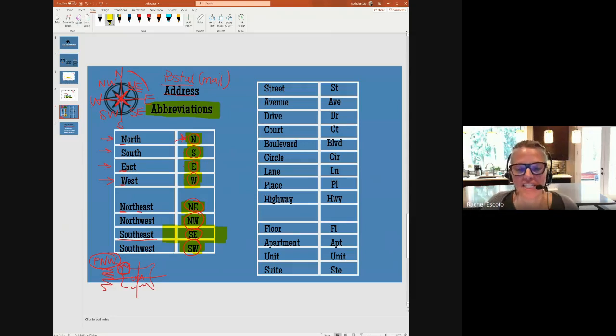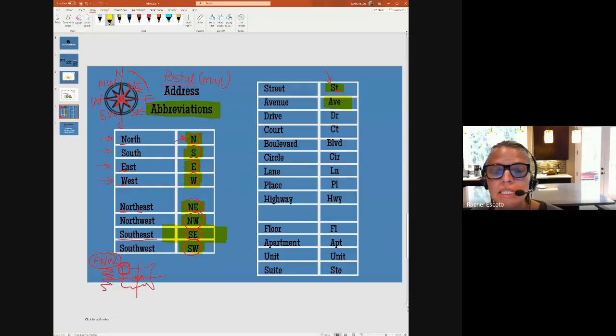Okay, some other abbreviations. So if you live on a street, your abbreviation is ST, and the first letter is capital. The other letters are small, right? For avenue, it's AVE, first letter capital.